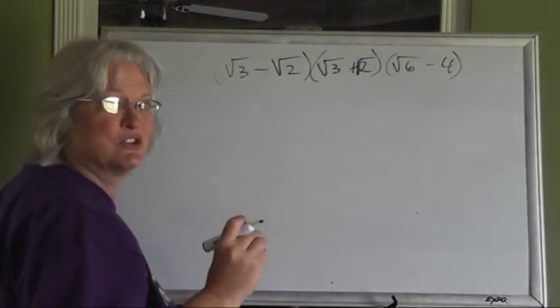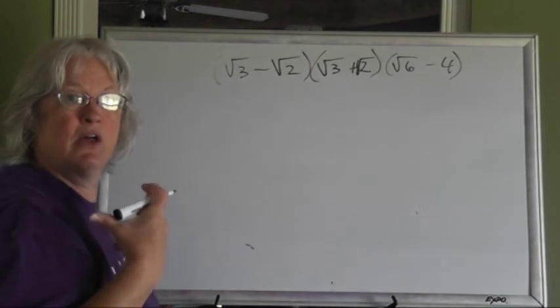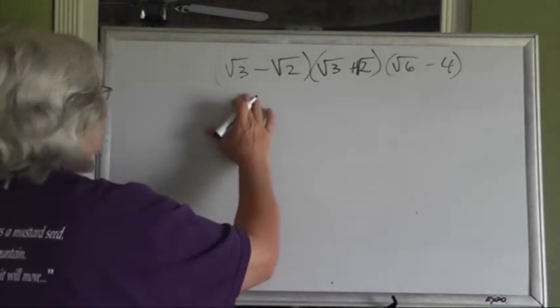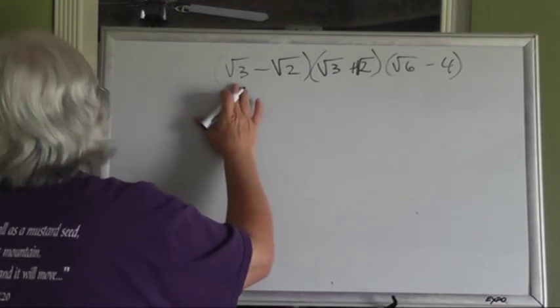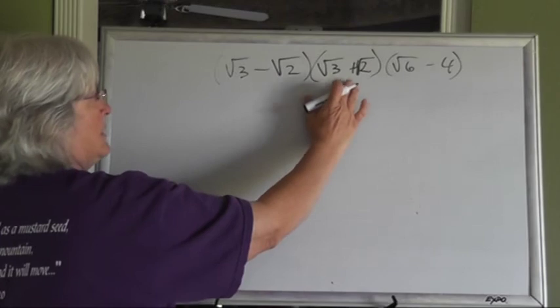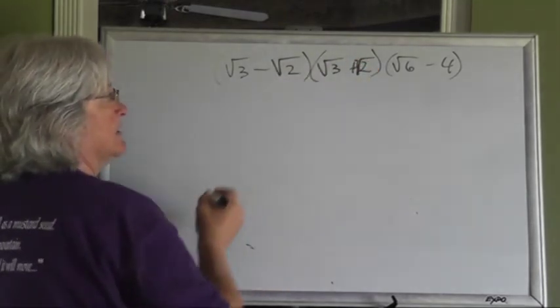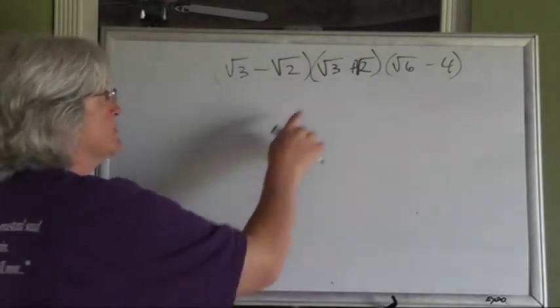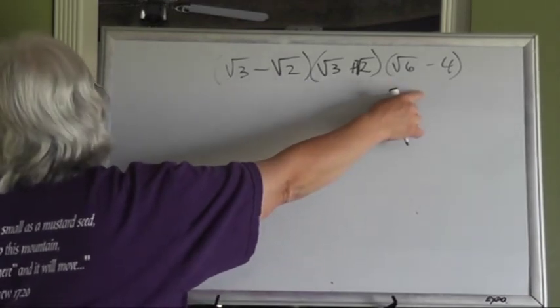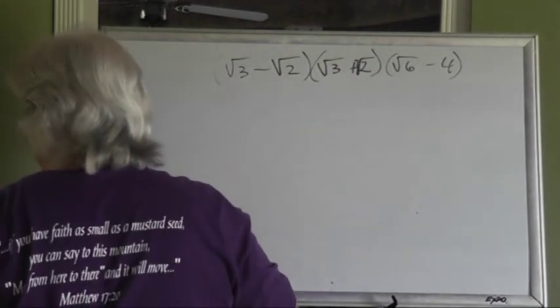This time I want to make sure that since there are 3 factors involved here, I've gotten everything written correctly. Square root of 3 minus the square root of 2. The square root of 3 plus, and I had to squeeze that in because I was going to forget the radical sign, plus the square root of 2. Square root of 6 minus 4. Okay?